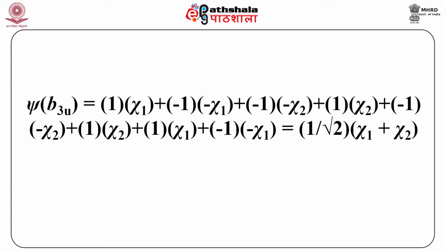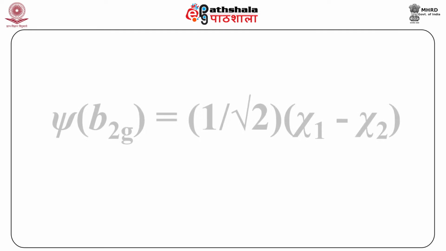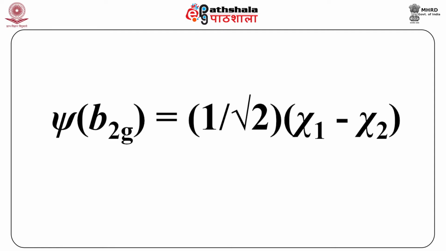We do this and we find that the combination is 1 by root 2 (chi1 plus chi2), and for the B2g the combination is 1 by root 2 (chi1 minus chi2).